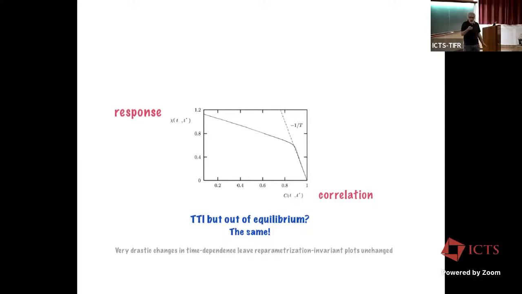But you're not in equilibrium, and in fact, you happen to get this curve. If you plot parametrically with these times, you get this curve. I'm not explaining now why, but the fact is, it's no big deal because you're out of equilibrium, so there's no reason why you should get fluctuation dissipation. Very good. You do this in the case of aging.